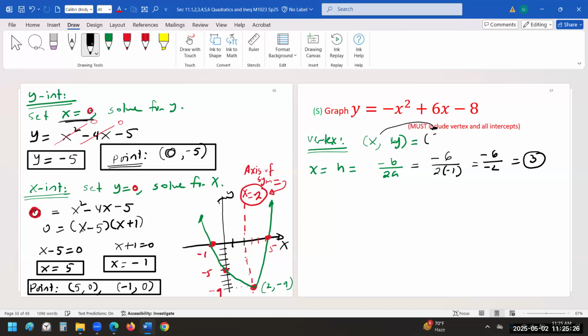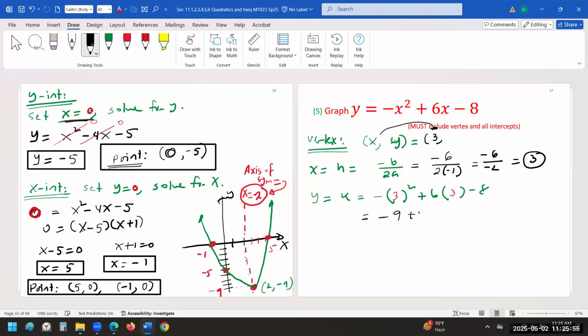So this x is 3. Now to find the y value, since there is no formula, we replace everything into the original function. So negative and then 3 squared, 6 times 3. This negative is extra because it's outside of the parentheses. 3 squared gives us 9.